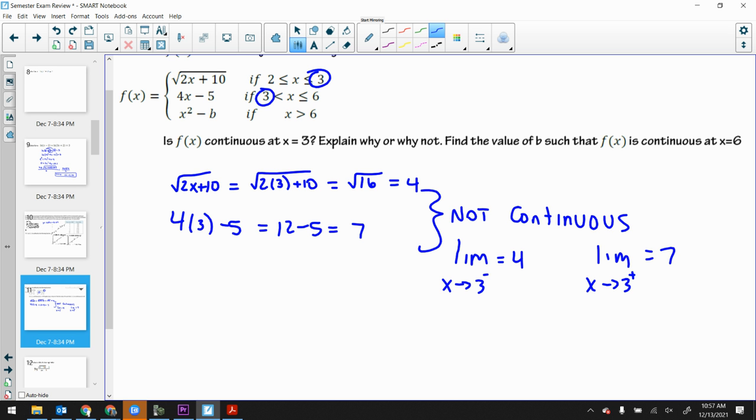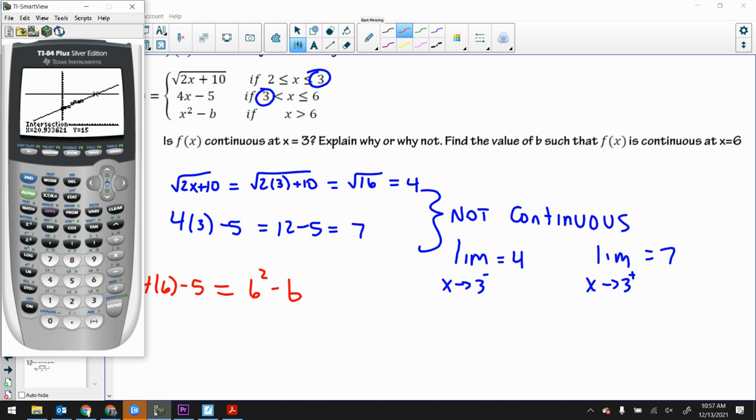Find the value of b such that it's continuous at 6. All right, so remember that this should be true: 4 times 6 minus 5 should equal 6 squared minus b. That should be true if this function is continuous at 6.